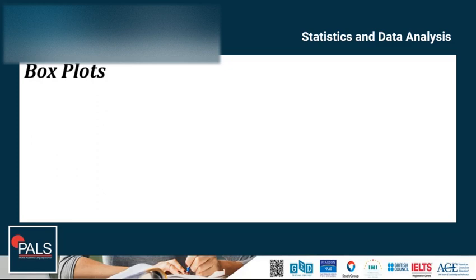Box plot. Okay, what are box plots? You know, box plots show a data set broken into 4 sections. These sections are based on the median and 2 new measures, the first quartile and the third quartile.